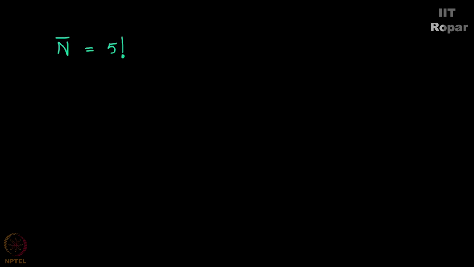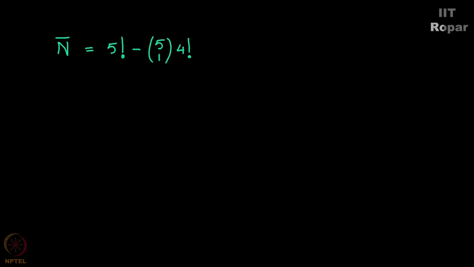5 factorial minus 5 choose 1 into 4 factorial. Why did I write 5 choose 1? Because 4 factorial is true for all the 5 of them, right? Instead of writing 5, I have written 5 choose 1, which is 5 itself. You can also see it as 1 person out of the 5 people, right?